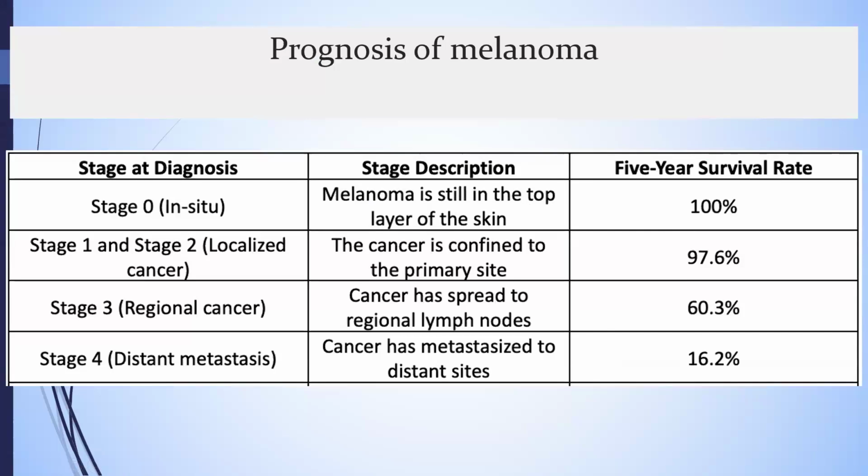That is, 16 in every 100 detected people in stage 4 are going to cross this 5 years. Of course, we have a lot of new treatments, but this is the basic truth. The treatment is also going to be difficult, and a little stronger, as you go down the ladder. So it is always important that you catch the patient at this stage itself so that you can promise 100% 5-year survival for these patients.